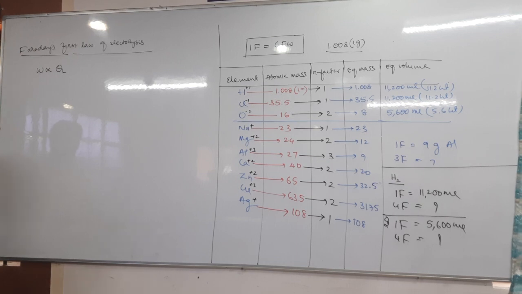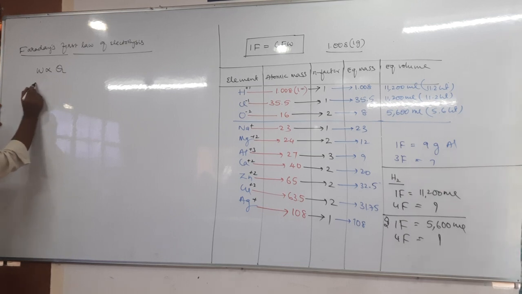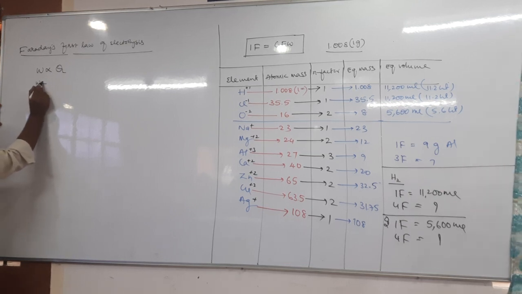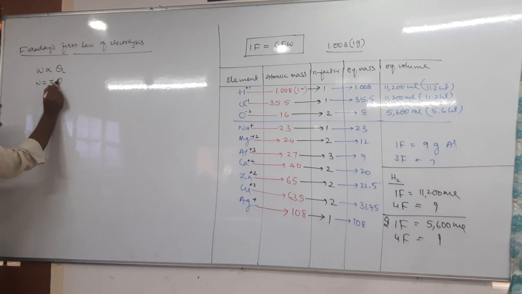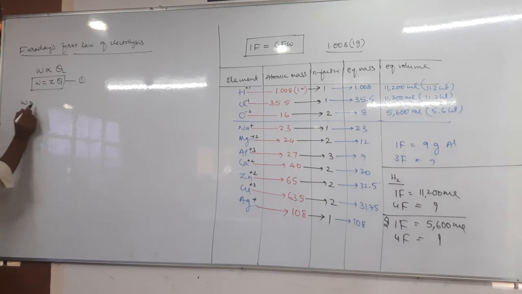Then can we write W is directly proportional to Q? Yes or no? Remove the proportionality sign and write the proportionality constant: W equal to Z into Q, equation 1.